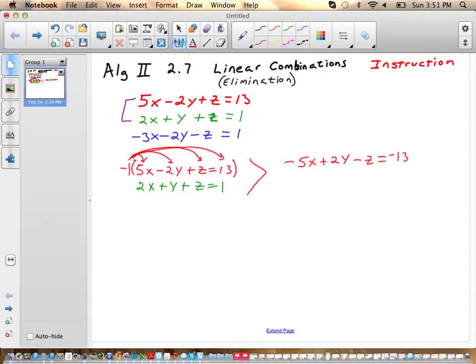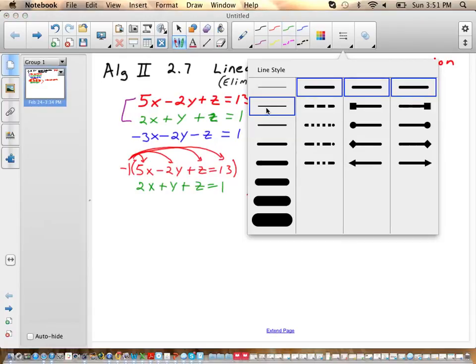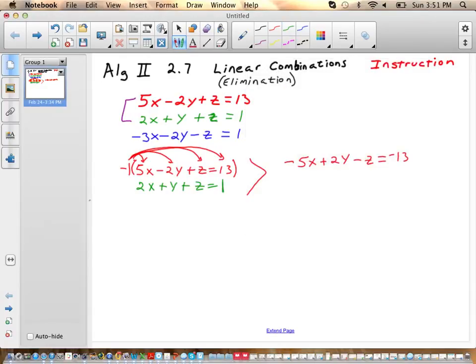Now I'll write my second equation once again, and then start my problem. So 2x plus y plus z equals 1.